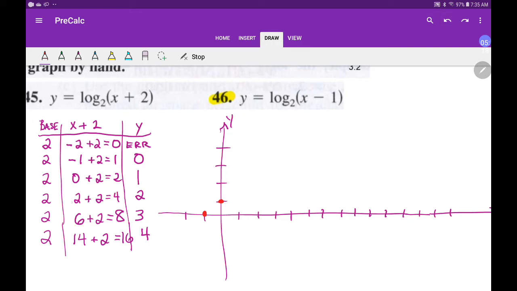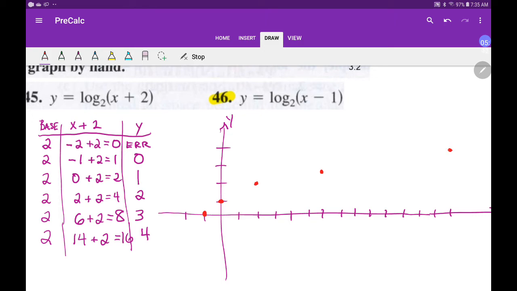What happens when x is 2? Well, I'm at 2. What happens when x is 6? Well, 1, 2, 3, 4, 5, 6. I'm at 3. So you can see I'm starting to flatten out here. And then I went out to 14 so I could say what happens when x is 14. And the answer is 4.